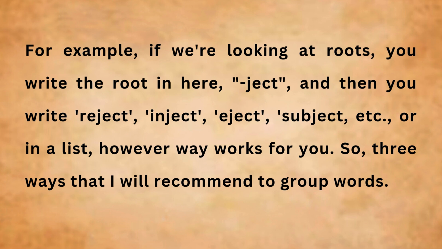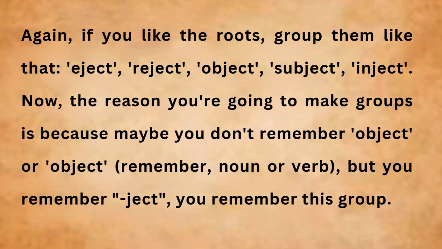So, three ways that I will recommend to group words. Again, if you like the roots, group them like that: eject, reject, object, subject, inject. The reason you're going to make groups is because maybe you don't remember object, noun or verb, but you remember ject.